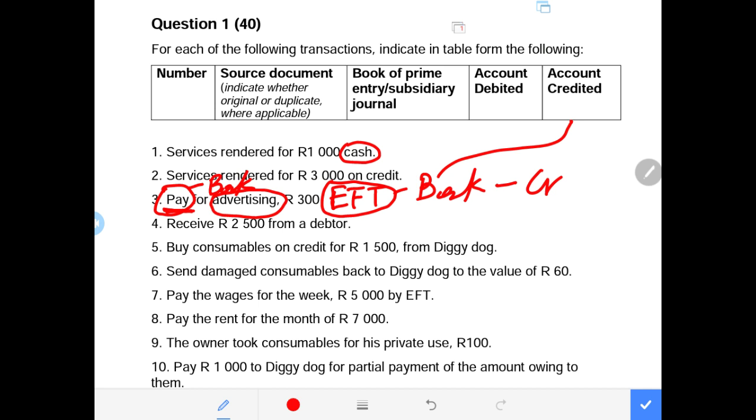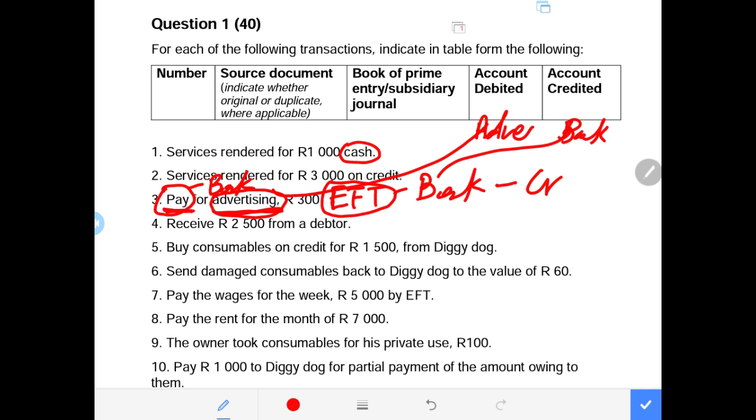It's only at the advanced level that there will be recording on the other side. So the account to be debited will be advertising, and the account to be credited will be bank. Bank is decreasing because money went out of the business because of the payment of advertising.